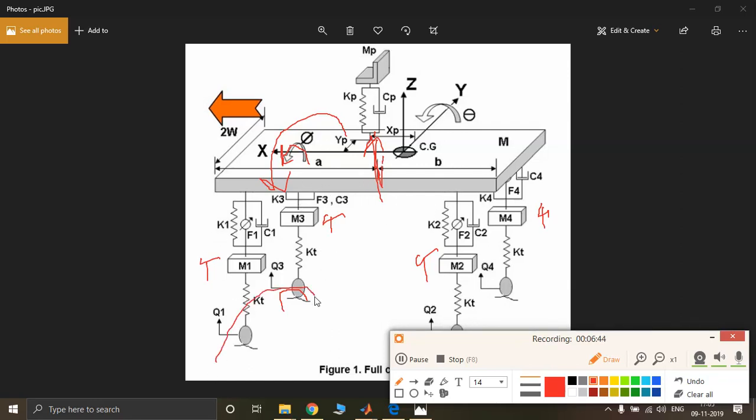Suppose both wheels go over a bump together, so this will go up, this will go down, and there will be that tilting, which is the pitching. So we have a total of 1, 2, 3, 4, 5, 6, and 7. So its degree of freedom is 7.